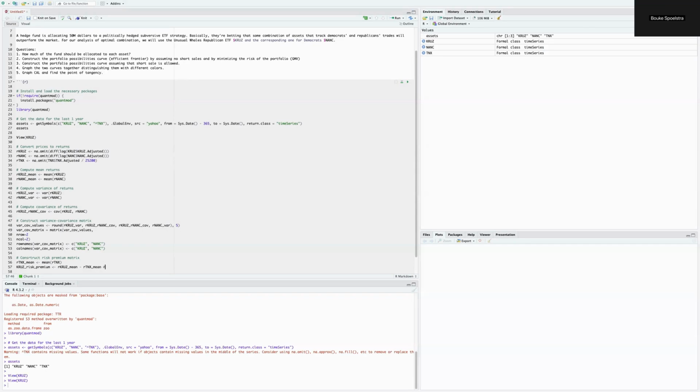Right, we're essentially mimicking the formula: risk premium equals return of the asset minus the risk-free rate. So the Nance risk premium will be return of Nance minus the risk-free rate.